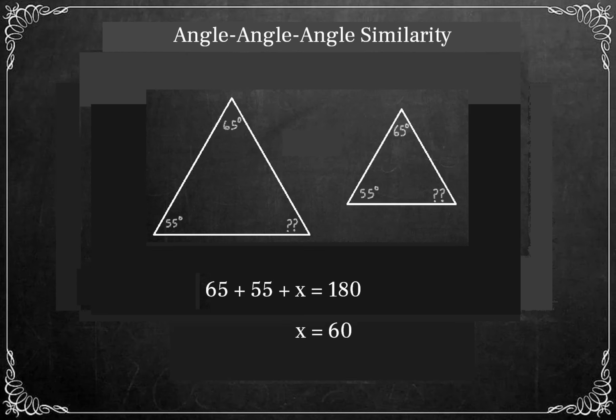But that's actually good news, because as it turns out, if we know the values of just two angles of a triangle, which correspond with two other angles of another triangle, then we can solve for any missing value X. Then we only need two angles to prove similarity.